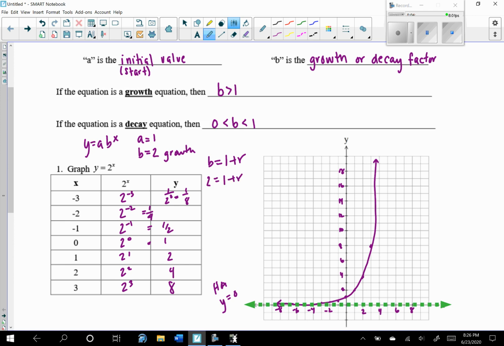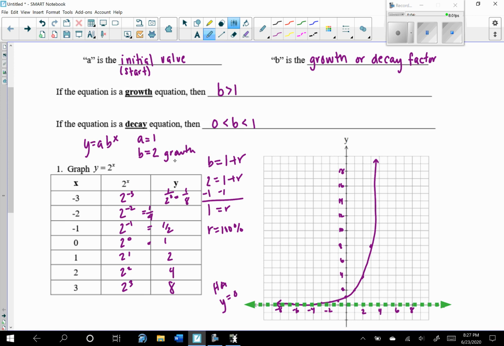Subtract the 1, and you get r is equal to 1. And remember, you want to write this as a percentage, which means you need to multiply this by 100. So 1 times 100 is 100, so that means r is equal to 100%. So the rate at which we're growing is 100% when we have a growth factor of 2.